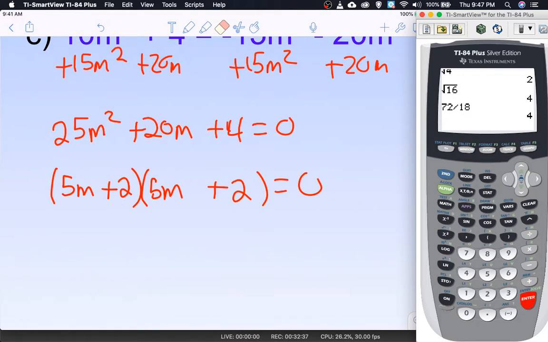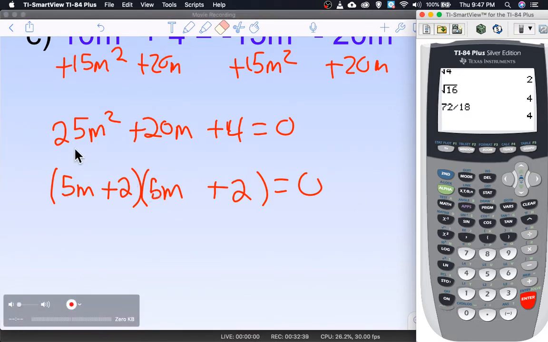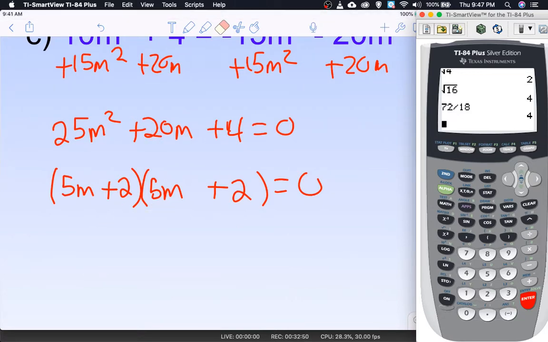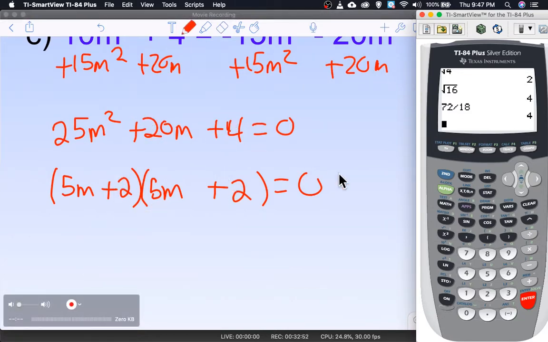And doing a quick check of the math, 5 times 5 is 25m squared. My middle terms did work before I deleted them. See, there they are. Positive 10 and positive 10 was positive 20. 2 times 2 is 4.